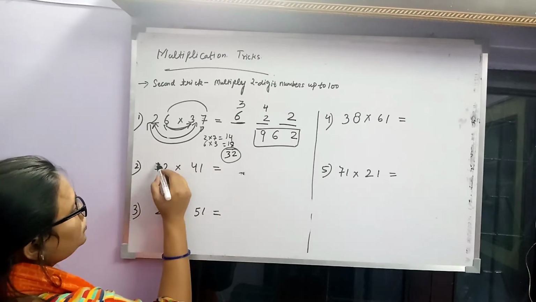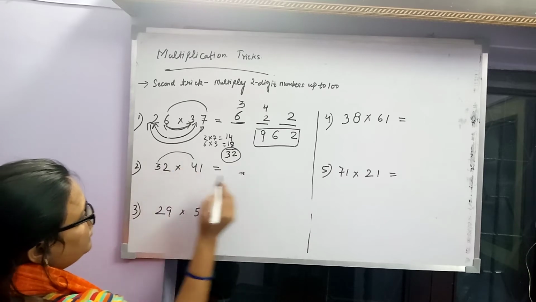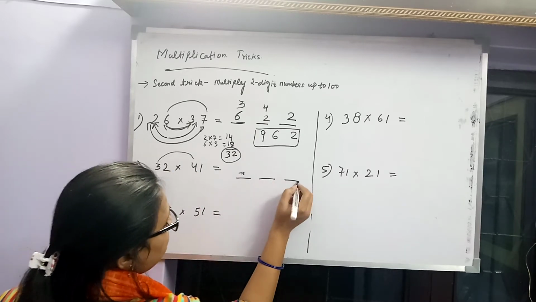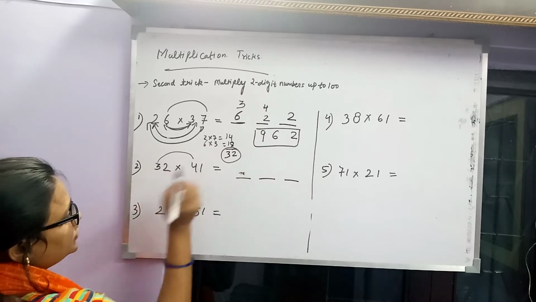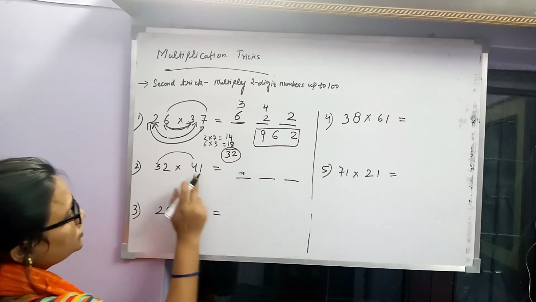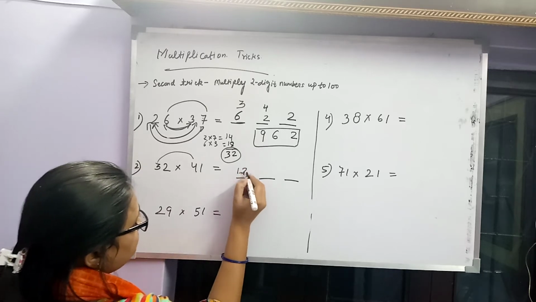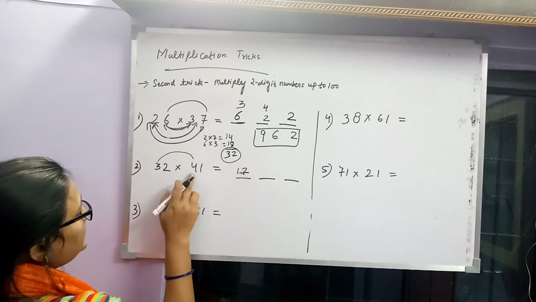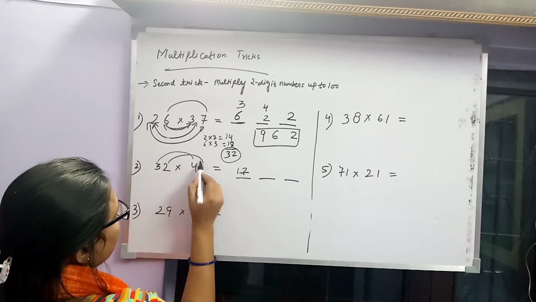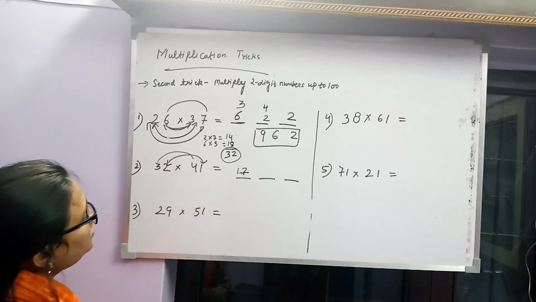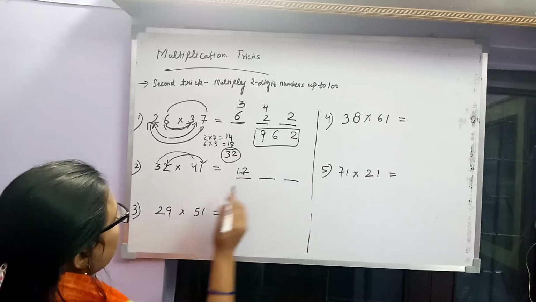What we will do? We will first make 3 blanks, and we will multiply the tens digits. So 3 into 4 is equal to 12. And next we will take 2 into 1, which will be 2.